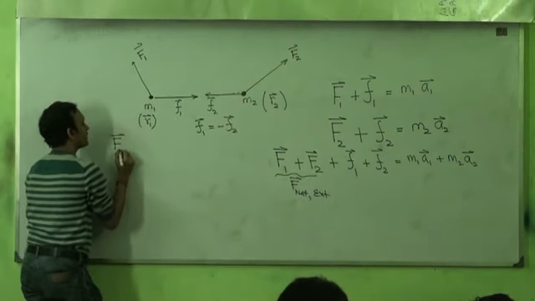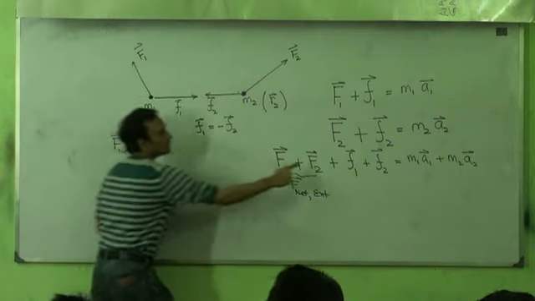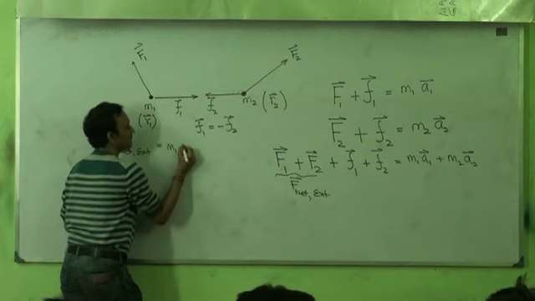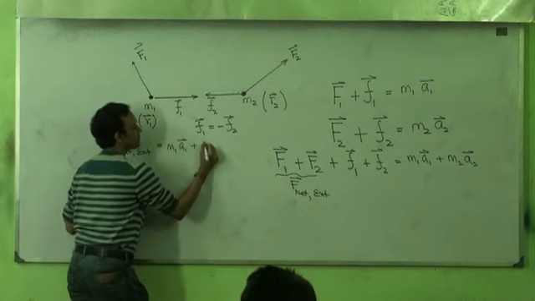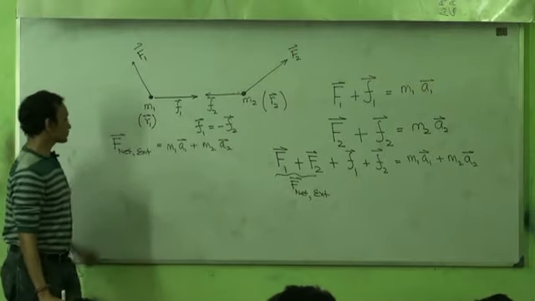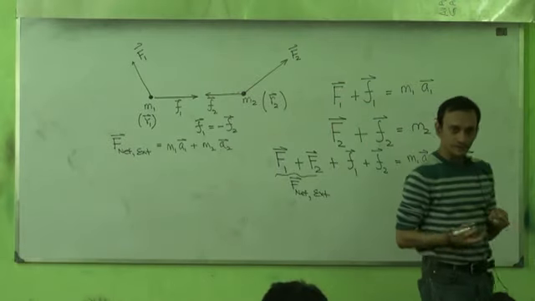So F net external is like M1A1 plus M2A2, because the internal forces add up to nothing.